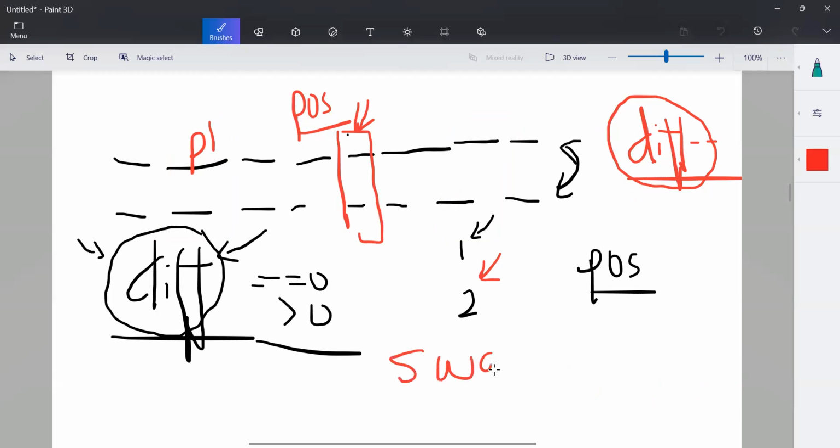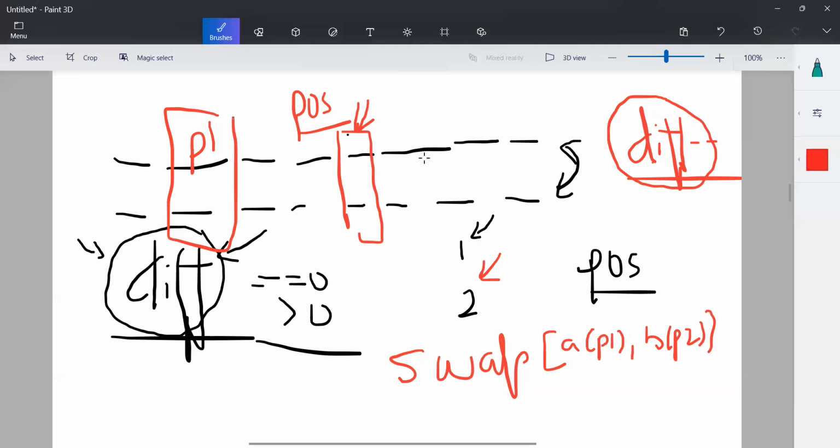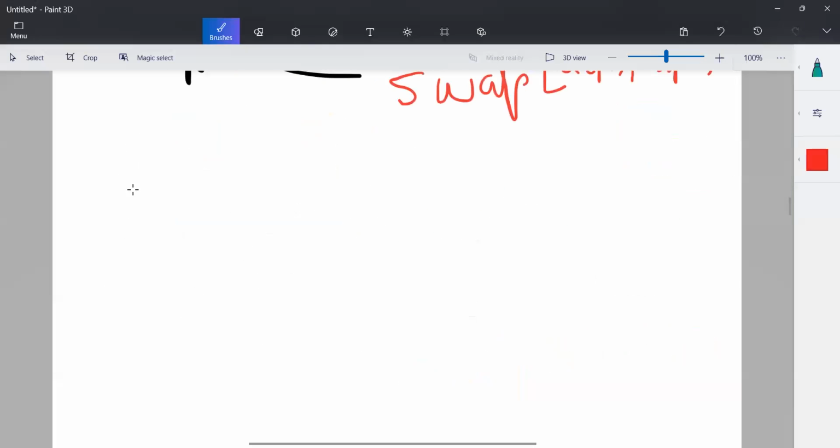So once I have swapped these 2 characters, my P1 was here and my P2 is here. I'll again check whether A at P1 is not equal to B at P1.